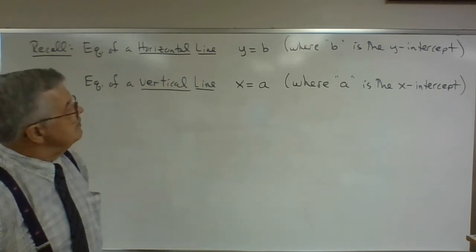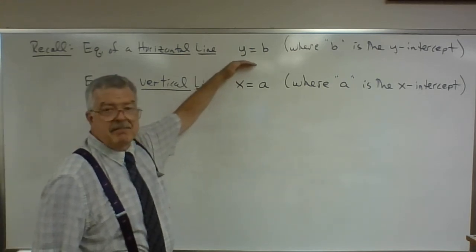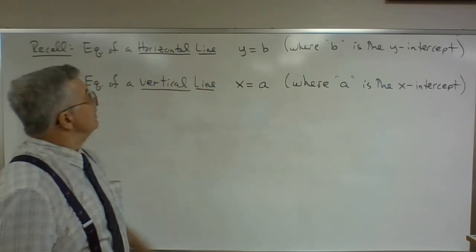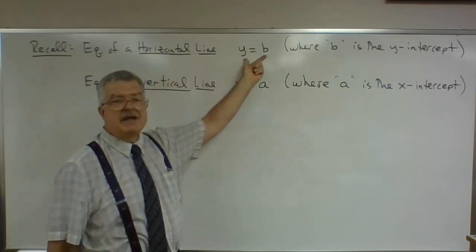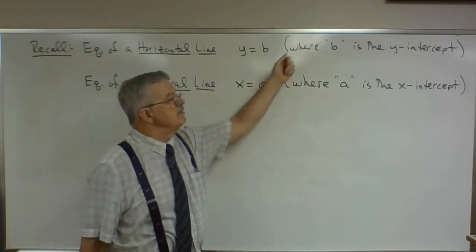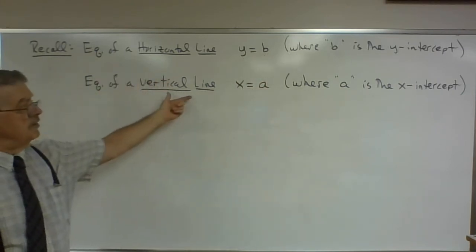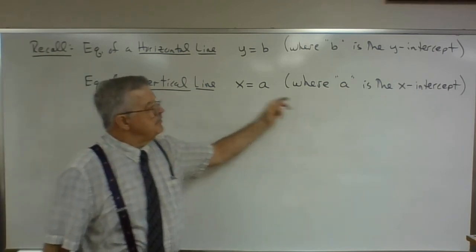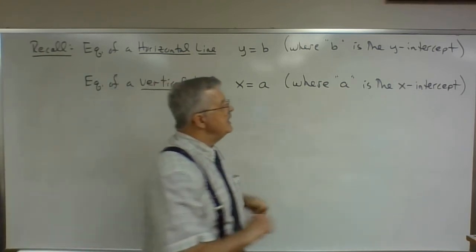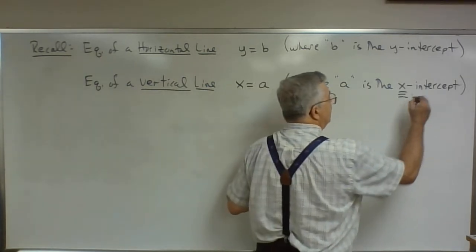But we can follow the pattern set by horizontal lines. We have a horizontal line. The equation is y equal b, where b is the y-intercept. We have a vertical line. The equation is x equal a, where a is the x-intercept.